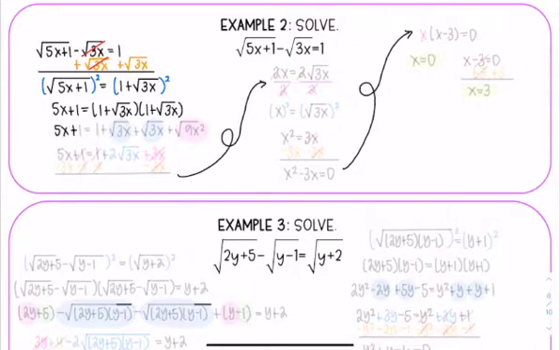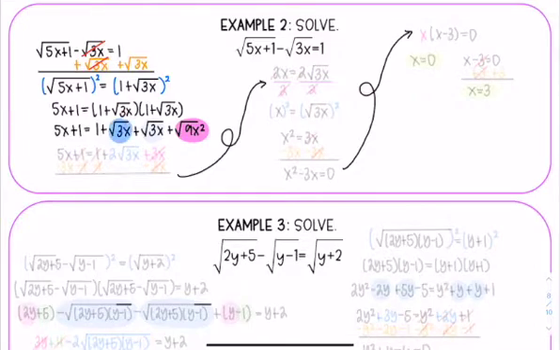So on the right-hand side, we have 1 plus the square root of 3x plus the square root of 3x plus the square root of 9x squared. And so we can actually go ahead and simplify the square root of 9x squared because it's a perfect square.